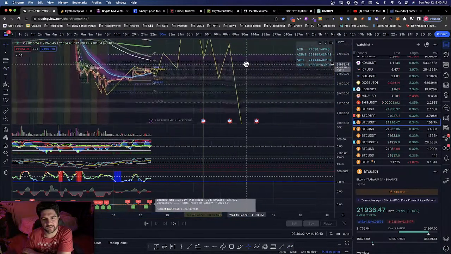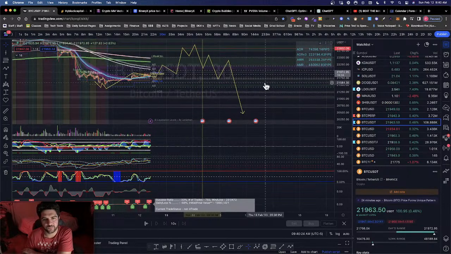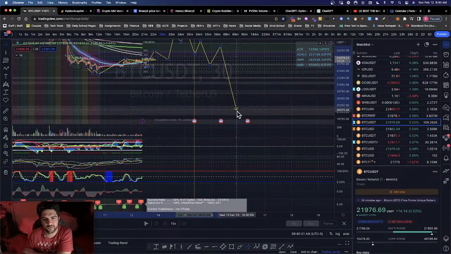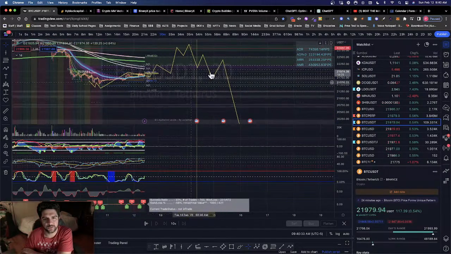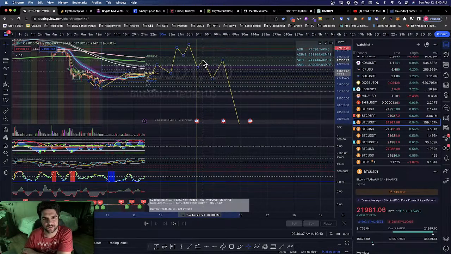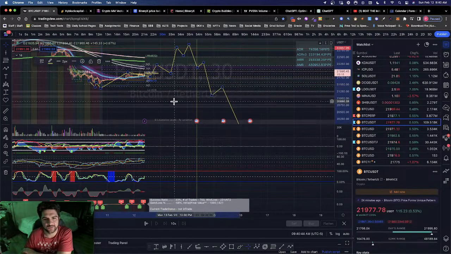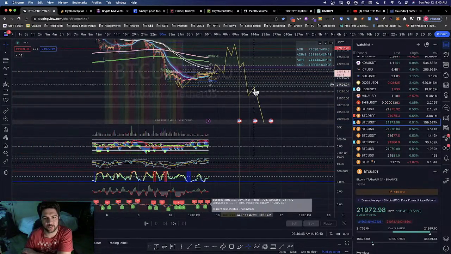That in essence is probably likely the plan. We just maybe fall out. You might not even get the retrace. You might just drop out and not get anything. And that would be your right shoulder.